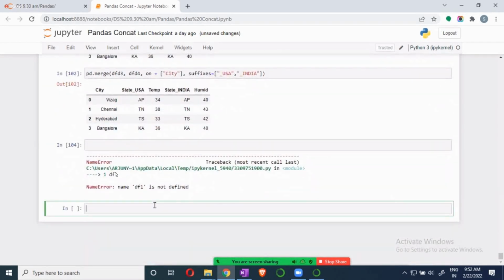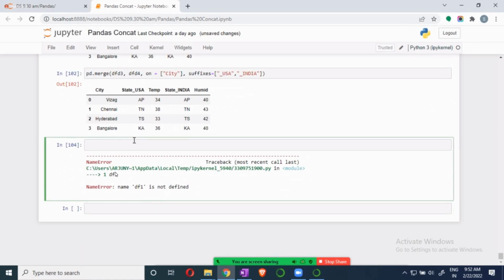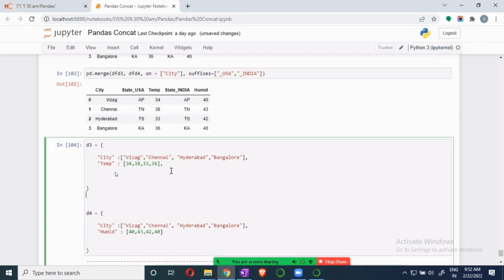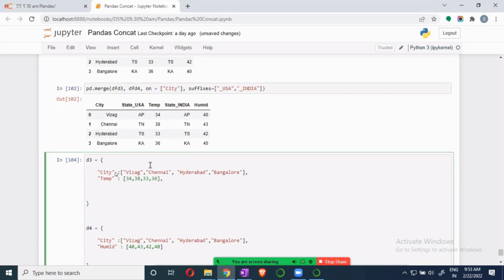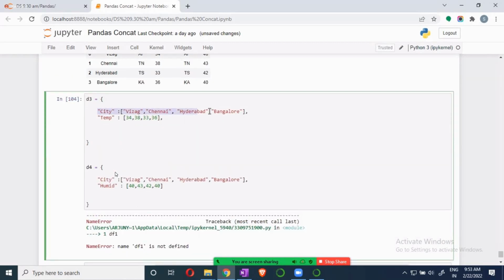Now I will take this one over here. Now let's talk about the indicator, guys. Both are having the same cities, and this key is temperature and this is humidity.